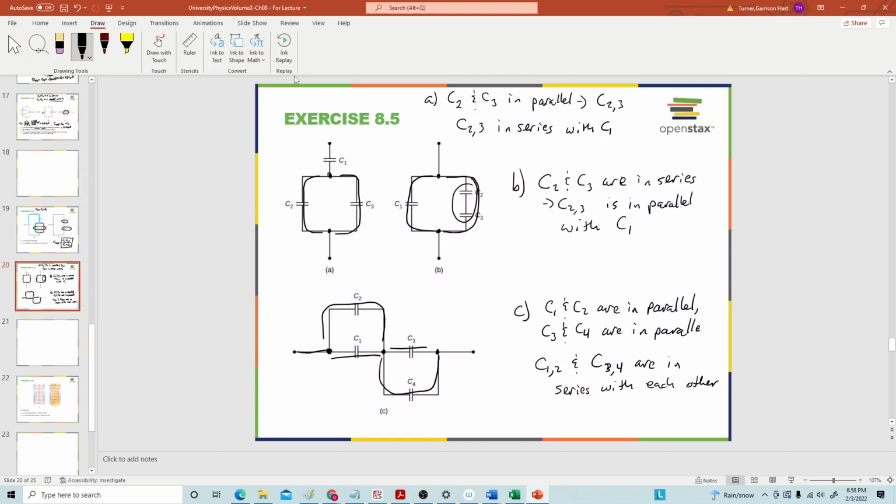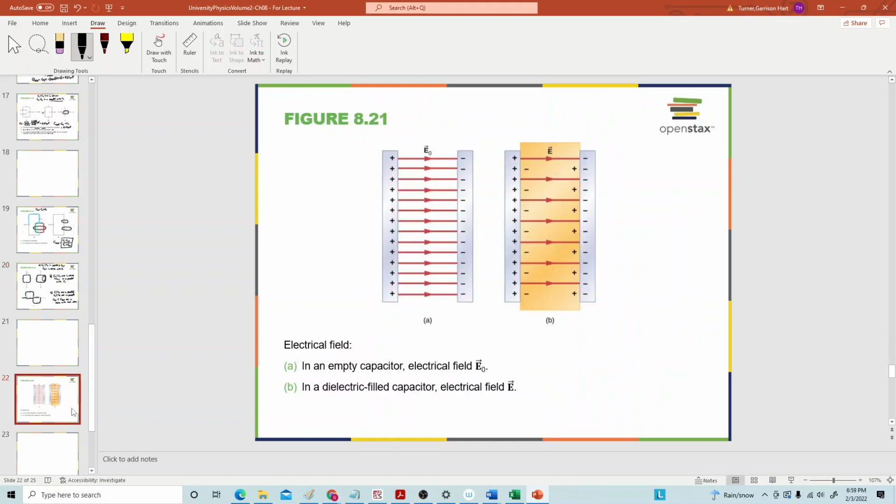And now we want to address the issue of dielectrics. Dielectrics.